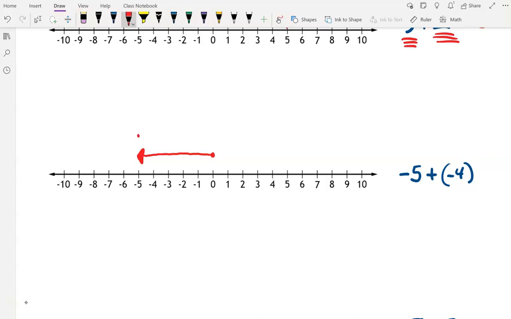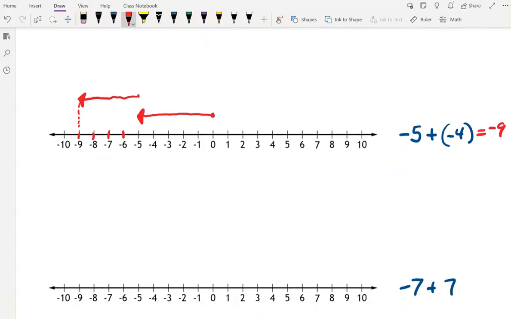So to add negative 4 means that we have to keep moving in the negative direction 4 more places. 1, 2, 3, 4. It's kind of a crookedy line, but if you go straight down from there, we are at negative 9. So negative 5 plus negative 4 is negative 9.